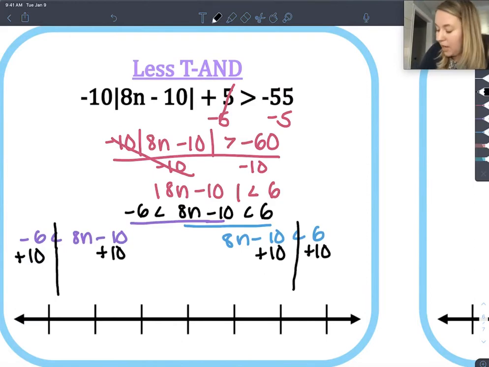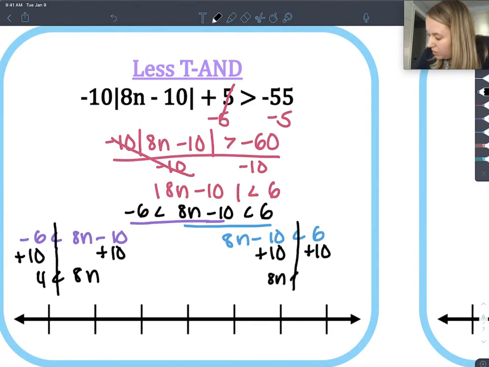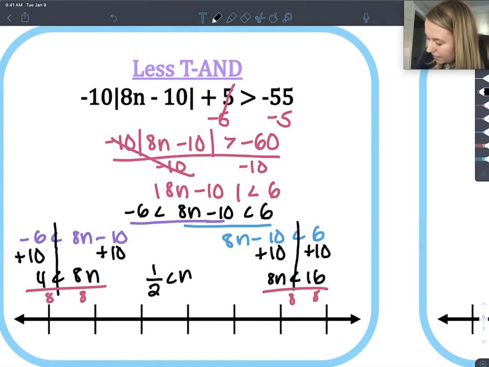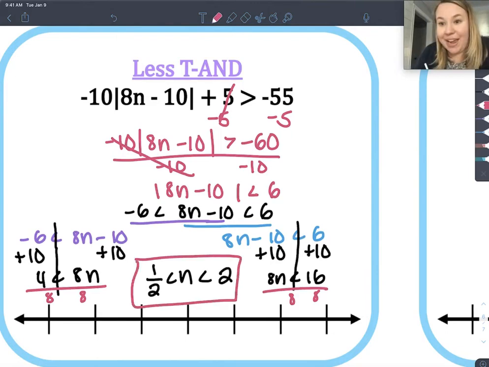Negative 6 plus 10 gives us a positive 4, which is less than 8n, and then 8n, which is less than 16. Divide both sides by 8, and we are going to get the compound inequality of 1/2 is less than n, which is less than 2. And that is our answer.